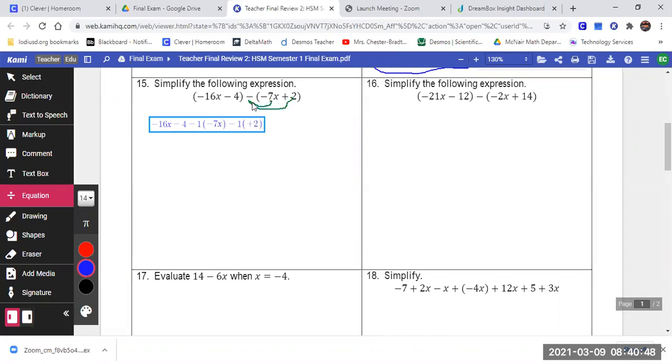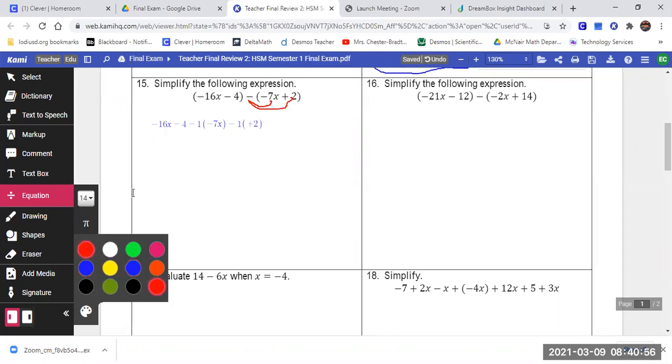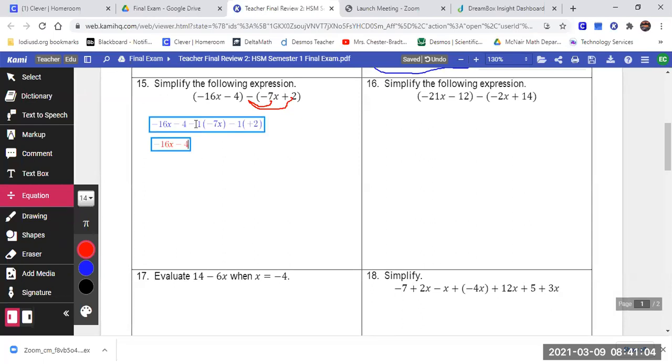So there is a hidden 1 in between here, okay? Because I see one set of the parentheses. Okay, so start cleaning up. Negative 16x minus 4. I have a negative 1 times a negative 7.